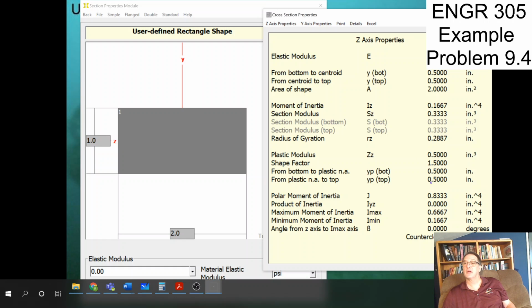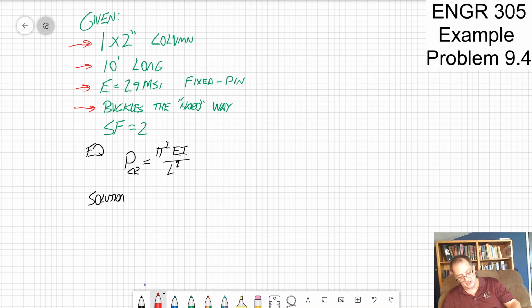If I would go the other way, the maximum, that would be if I twisted the other way, base would be 1 times 2 cubed is 8 divided by 12. So that's 2/3. And so that's where I get my I max. So I could go back here and I can say I is equal to 0.1666.